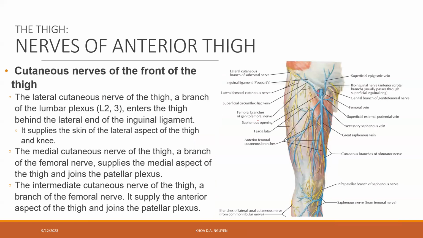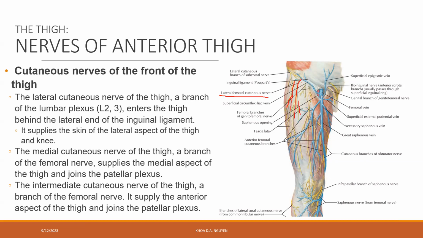Okay. Now, cutaneous nerves of the front of the thigh, or the anterior surface of the thigh. There are three major branches, okay, of the cutaneous nerves on the front of the thigh, and some more minor branches. Let's go with the three major branches first. Okay, there are these branches here. The first one is called the lateral femoral cutaneous nerve.